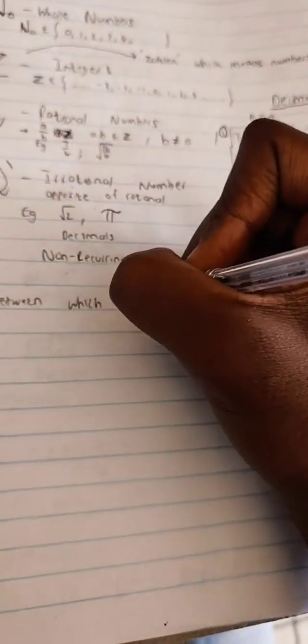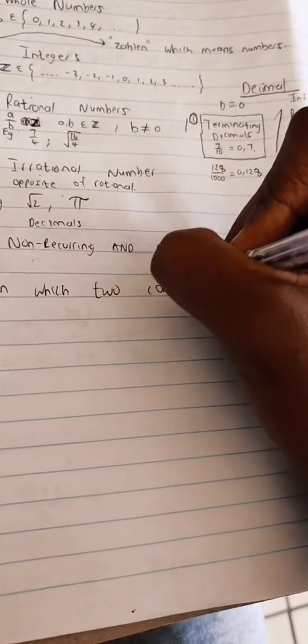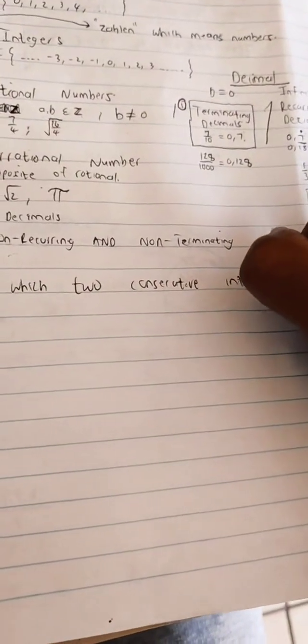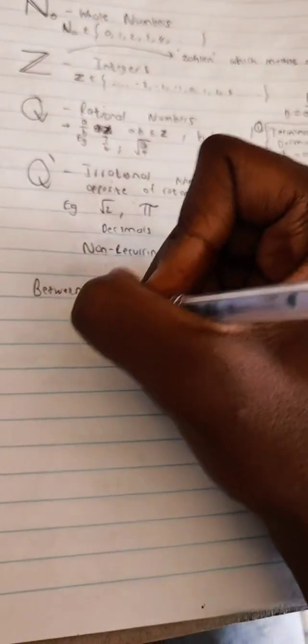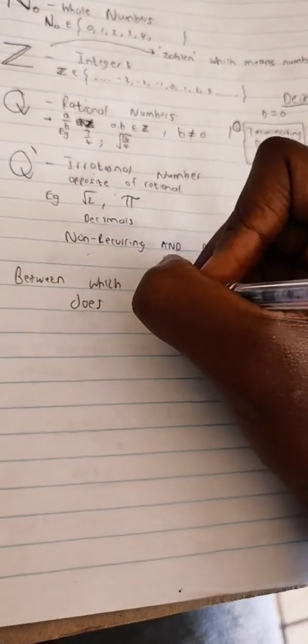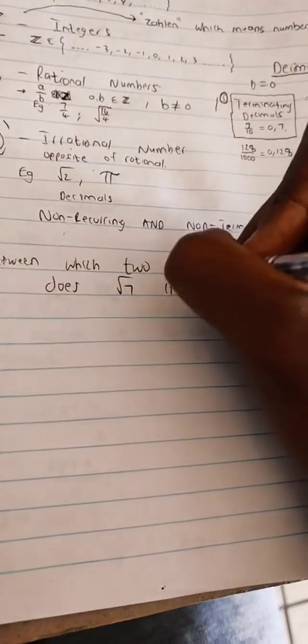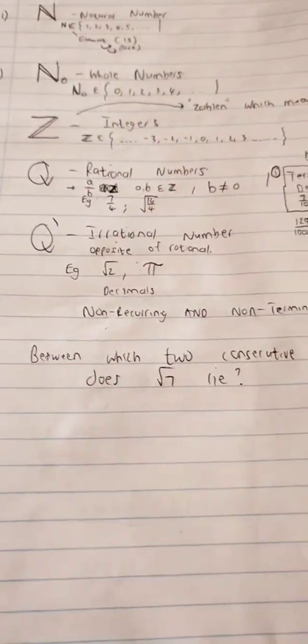And so there are always these questions that usually get asked: between which two consecutive integers does the square root of 7 lie? These are common questions that get asked.